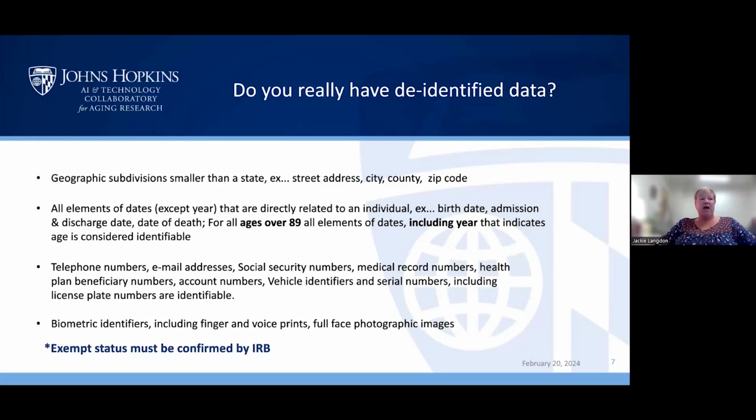So I think hopefully I've convinced you that you're probably not going to get away with having an exempt status from the IRB, and we're going to have to go through all of the regulatory processes that make sure that research is safe for human subjects.